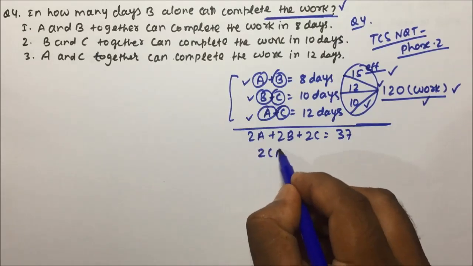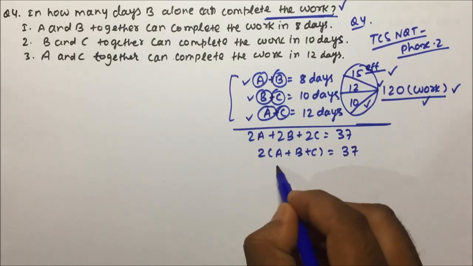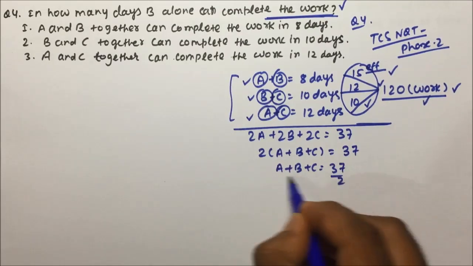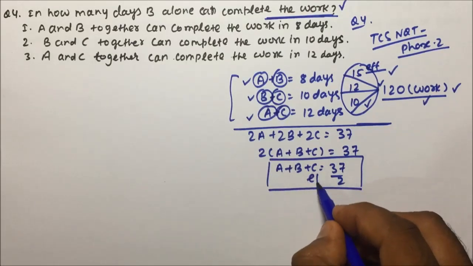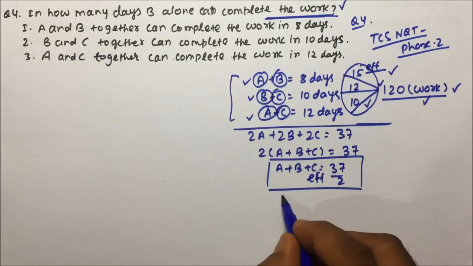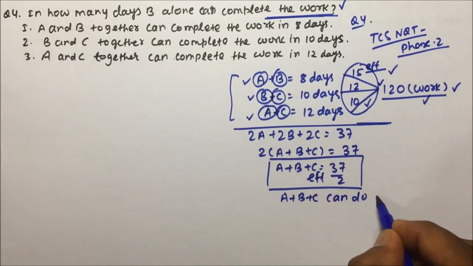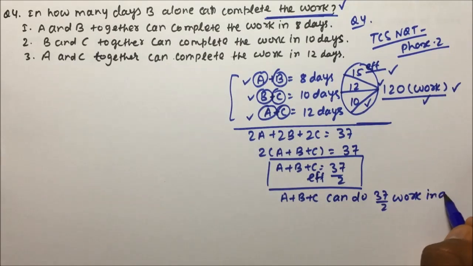Now take 2 common, so A plus B plus C will be equal to 37 by 2. That means friends, A plus B plus C efficiency we have got is 37 by 2, that means A plus B plus C can do 37 by 2 work in a day.